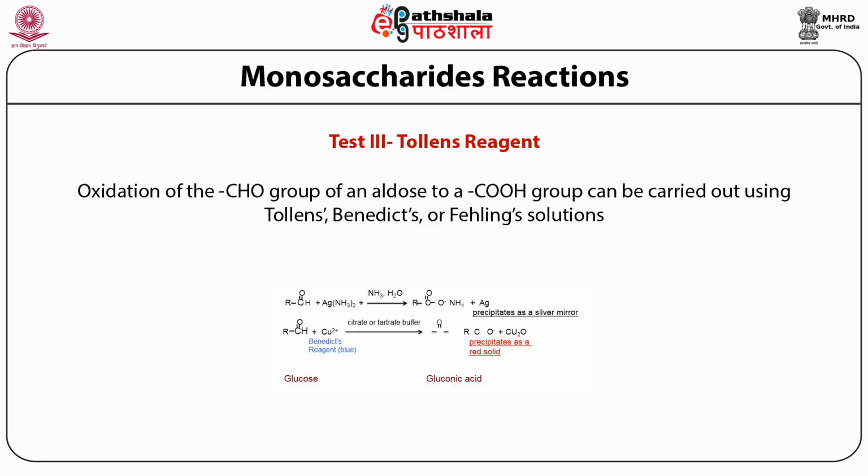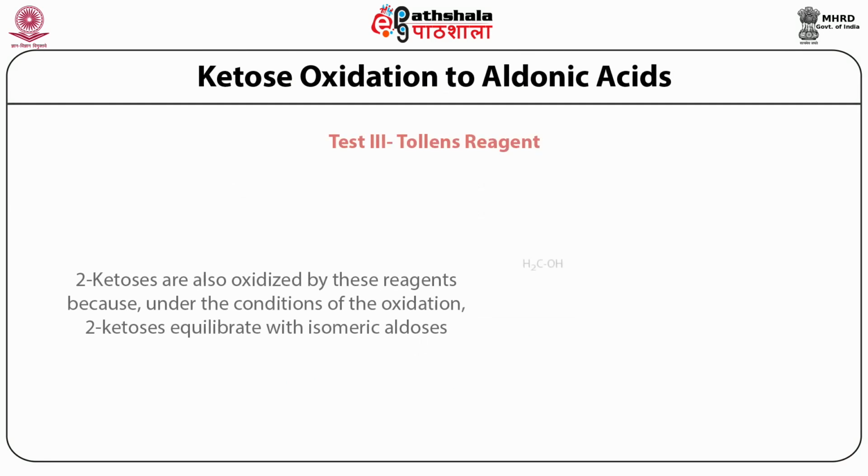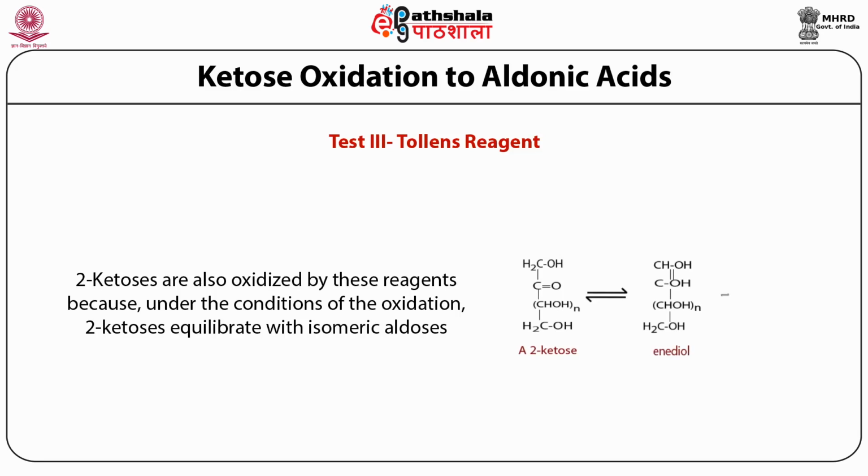However, what happens is fructose is also able to reduce such reagents even though it contains no aldehyde group. And let's just see why that happens. So in spite of the fact that fructose, which is a ketose, does not have the hydrogen atom, it still gives a positive test with Tollen's reagent or Fehling solution or Benedict's reagent.